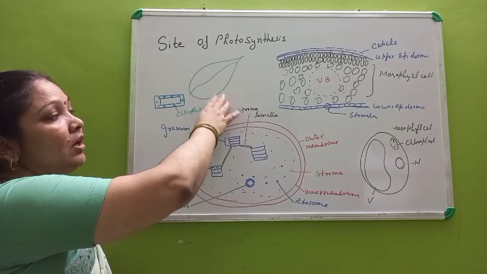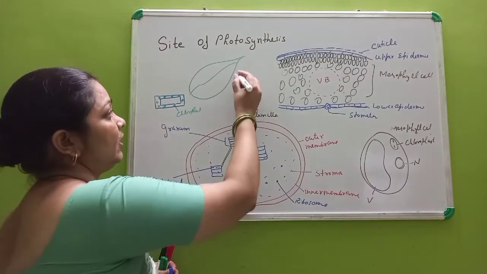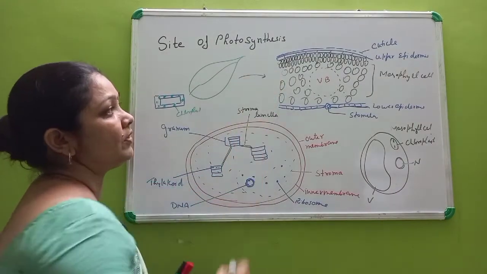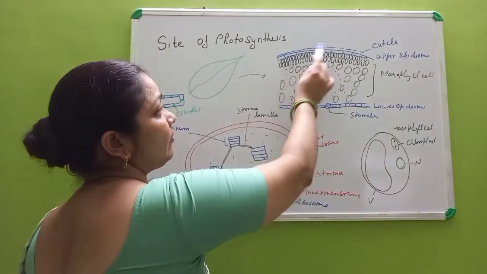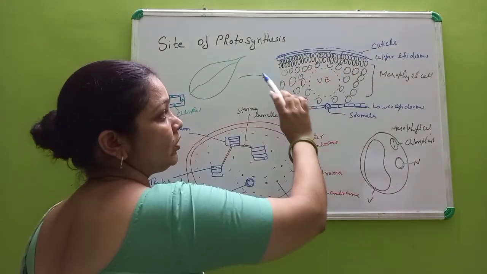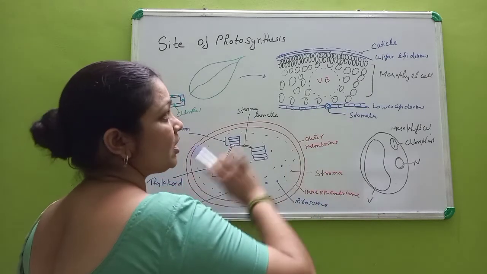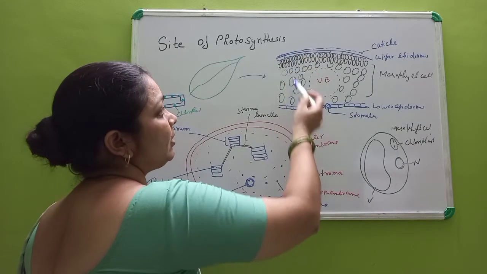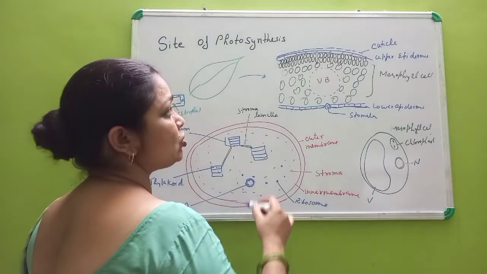It is green in color, and if we take a section of the leaf, as you remember from anatomy, we have the upper epidermis, which is covered by cuticle. We have the lower epidermis in which stomata are present, and in between the upper and lower epidermis two types of parenchymatous tissue are present.